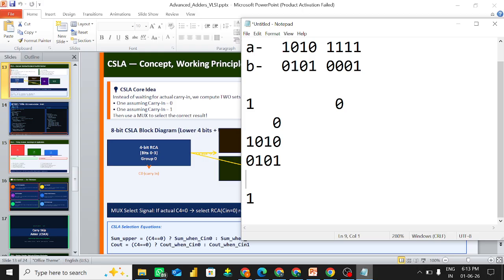So you're going to assume carry as zero if your Cn is zero. Based on this only, it will think of both possibilities: what happens if I get this carry from my lower bits or this carry from my lower bits? So this is how it's going to work in CSLA.